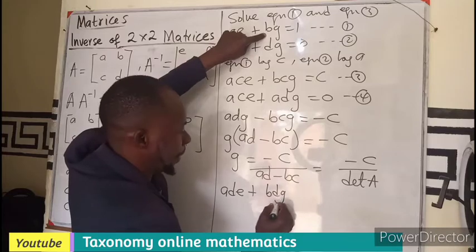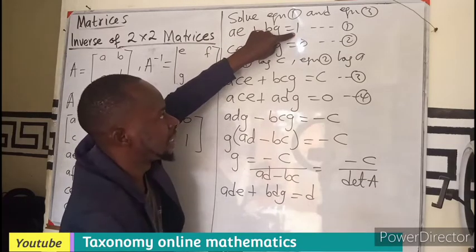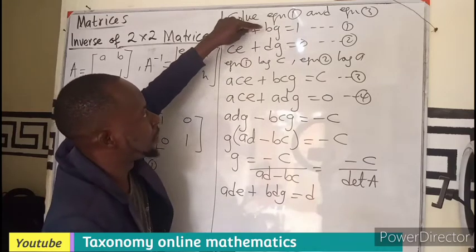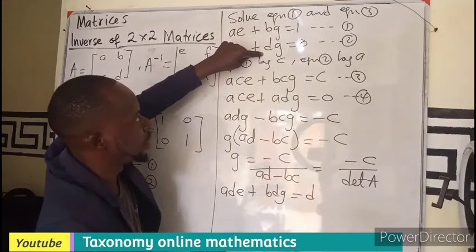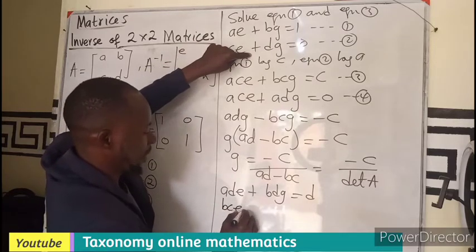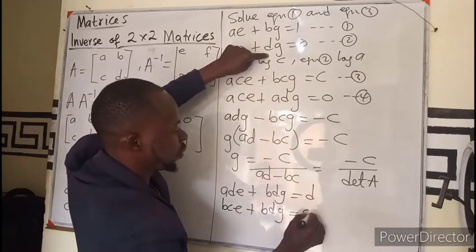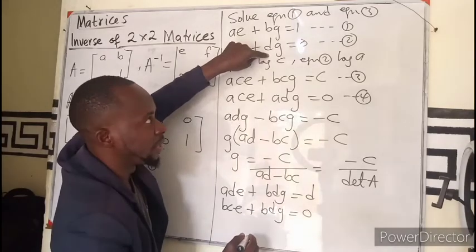This is multiplying there, equals to D is multiplying, I have D. This B will also in turn multiply equation 2. So B here, I'll be having BCE plus BDG equals to 0 per that multiplication.